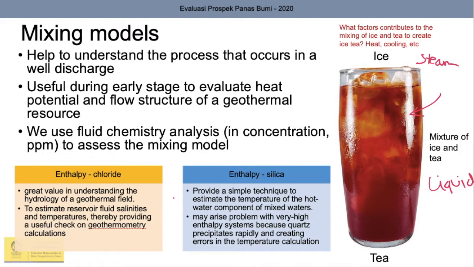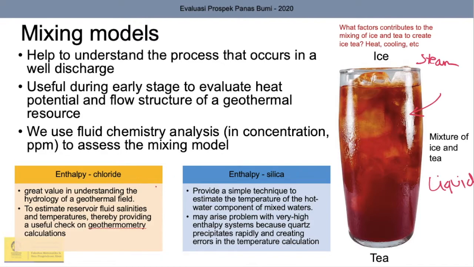There are two types of mixing models that we can usually use when we are assessing the reservoir evaluation. There are the enthalpy chloride diagrams and the enthalpy silica diagrams. Each of these diagrams has its own purpose and its own use for assessing the geothermal field.